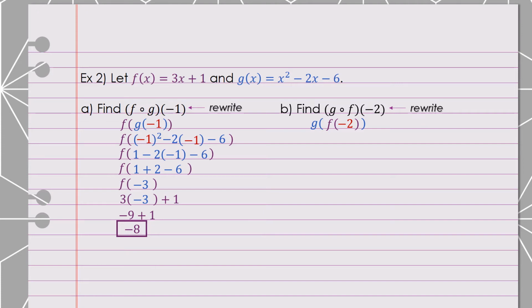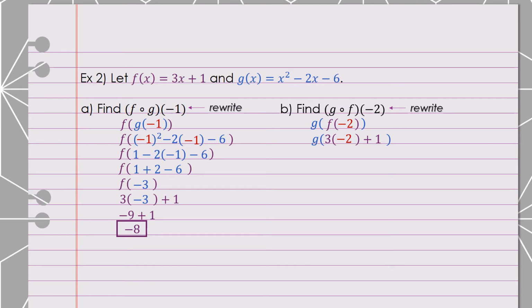This time we see f of negative 2. Well, f of negative 2 means look at the f function only, and every time you see x, put parentheses, which becomes 3 times something plus 1. Well, what is the value we plug in? Negative 2. And everything else stays the same, meaning the g function on the outside is following along with us.